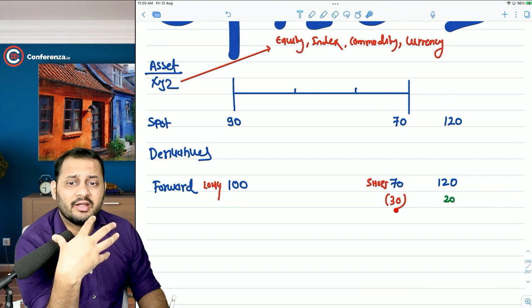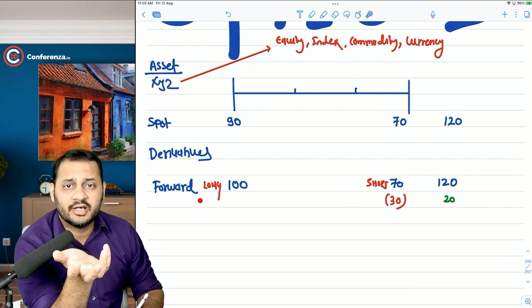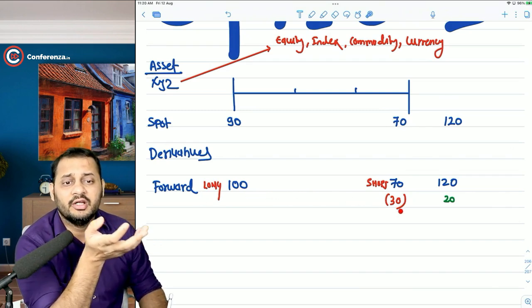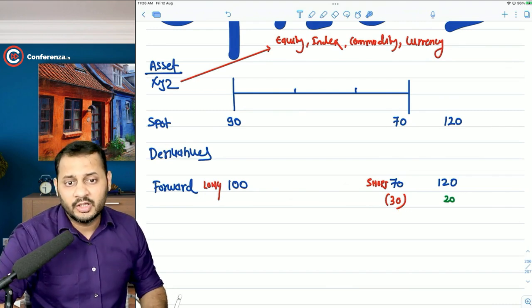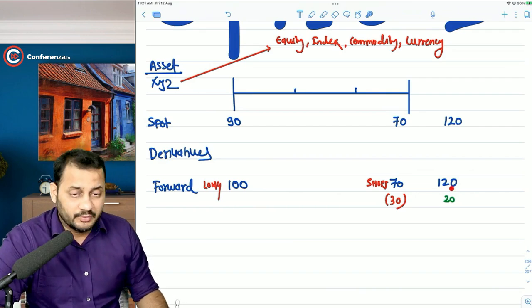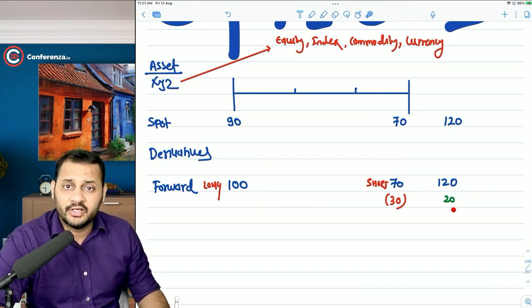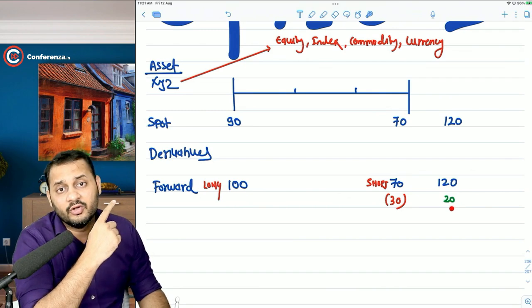So what's the purpose of entering into a contract in the very first place if you are not willing to honor the contract in case there is a loss to you? Also, understand, if the price goes to 120, there is a profit of 20 rupees to you and a loss of 20 rupees to him.